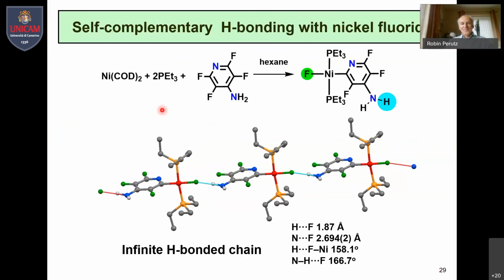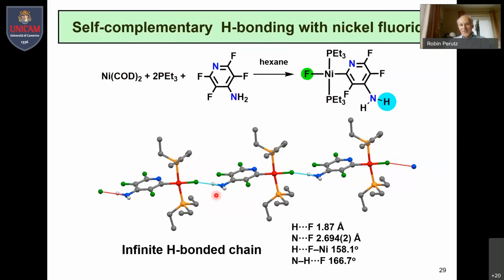Here's the reaction that led to the compound with the amino group. We start with nickel cod twice, the phosphine, and 1 equivalent of the pyridine with the NH2, and that gives us carbon-fluorine bond activation to form the product.